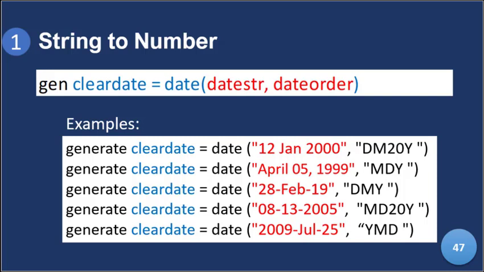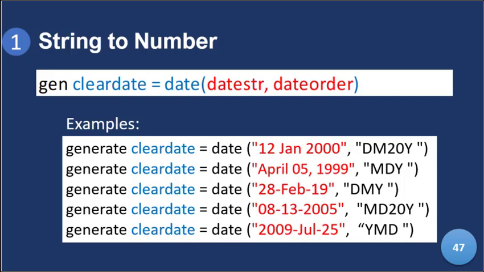So I say generate clear_date equals date of 12 January, and so on. This is what we call the date order. Basically, every date has a day, a month, and a year. Because the year is 2000, you have 20Y. Those not in year 2000 just have a simple Y.